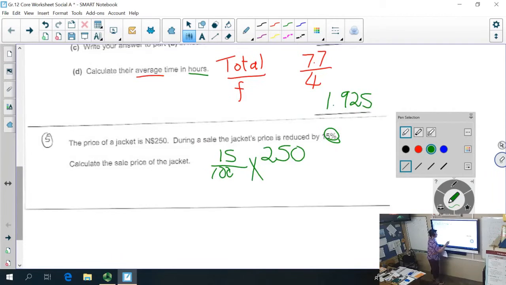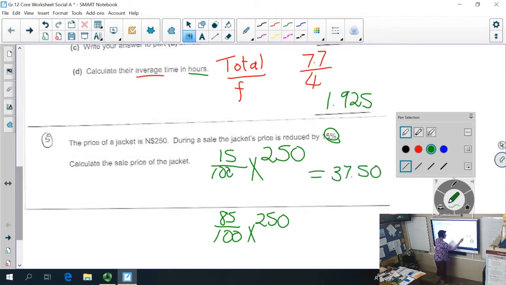So we can also say 85% of 250, and then you'll also get it. So I get here that the reduction is 37.50, and then if I subtract it, my final answer is $212.50. $212.50 for that one. Right.